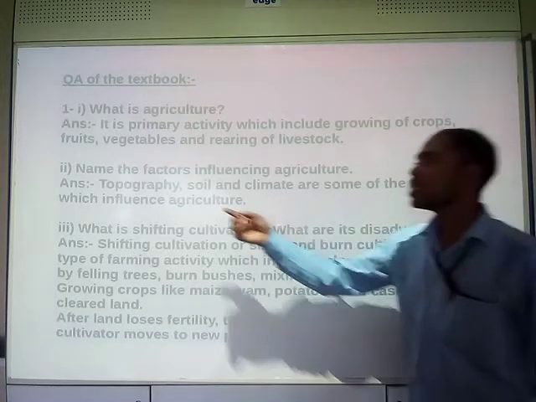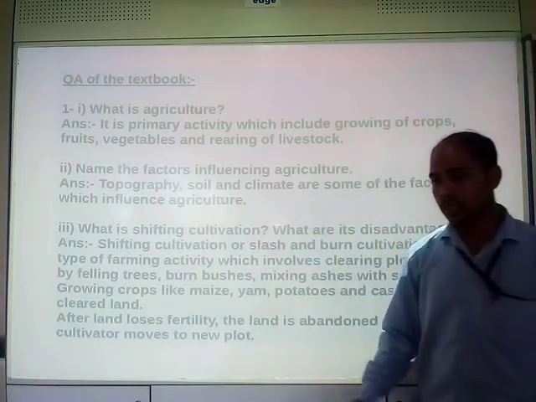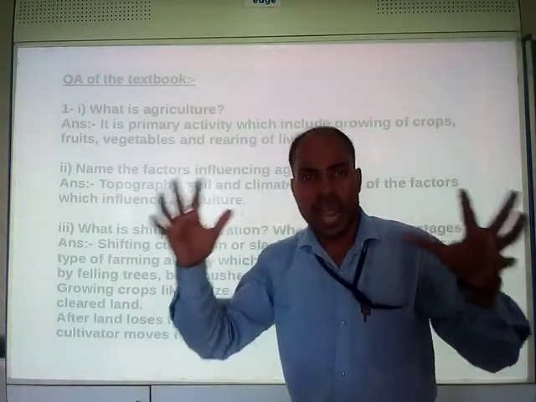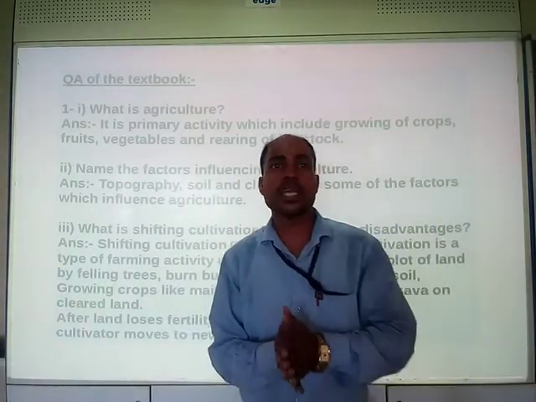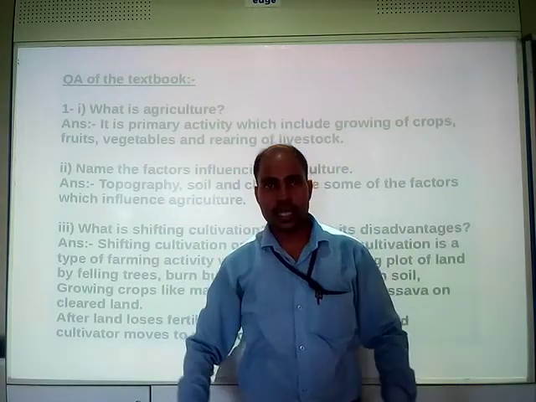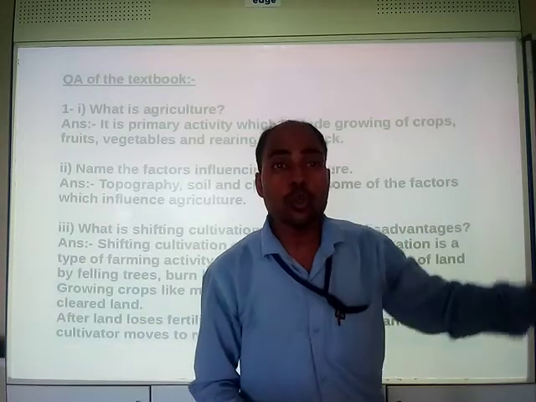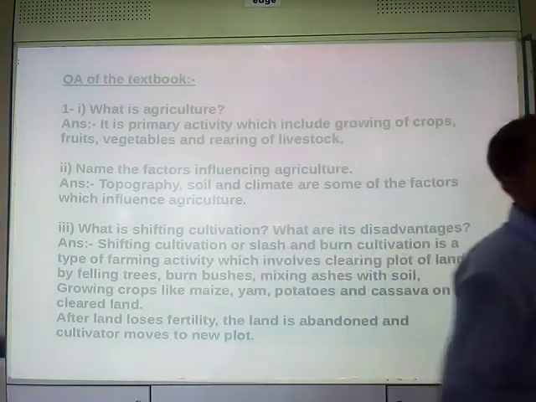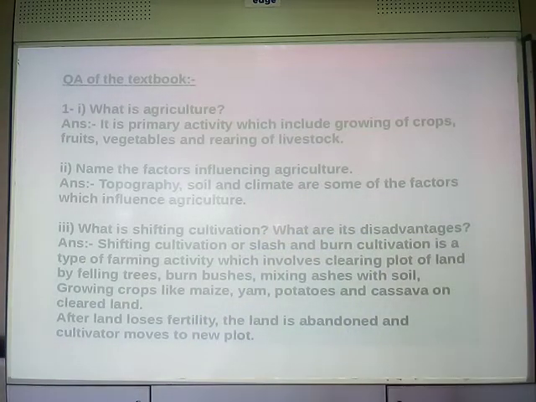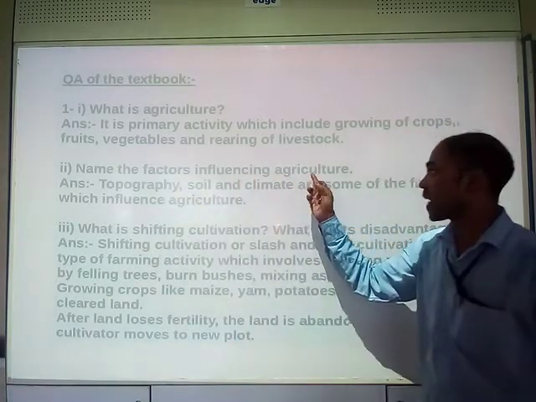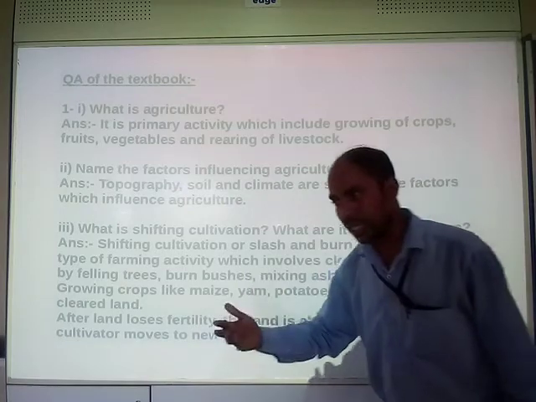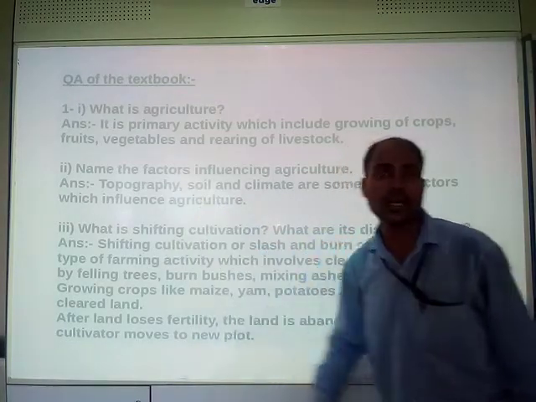The first one is topography, different kinds of landforms, whether it is hill or plain, whether it is river valley, whether it is plateau, what kind of landform it is. So depending on topography, our agriculture is being done. So this is the factor.